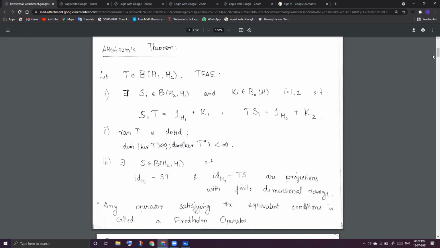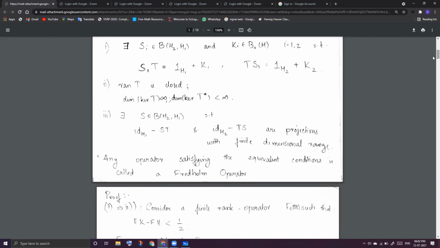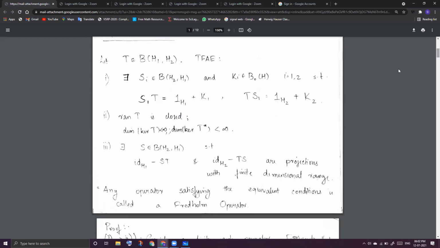So as I said, the idea of a Fredholm operator is for the operator T to be invertible up to a perturbation by a compact operator. Here there is a left inverse, and S2 will be a right inverse.